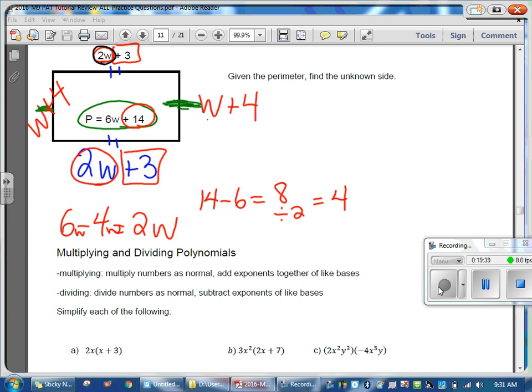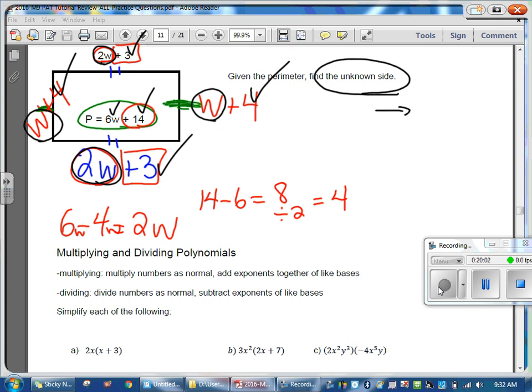I've got 3 plus 4 is 7, plus 3 is 10, plus 4 is 14. It all works. You get the exact same answer. That's a good way to check your work. So the unknown side is w plus 4. All right, now we're going to go to multiplying and dividing polynomials.